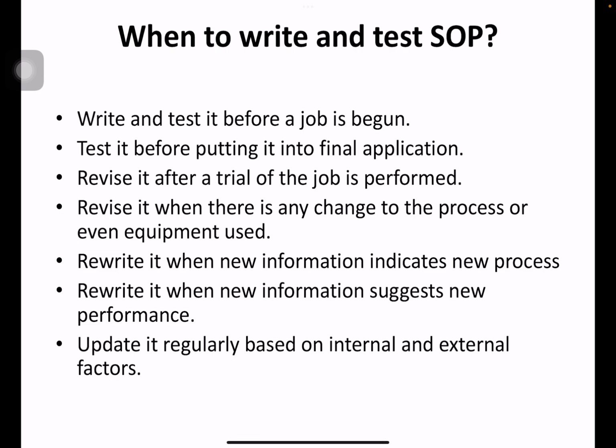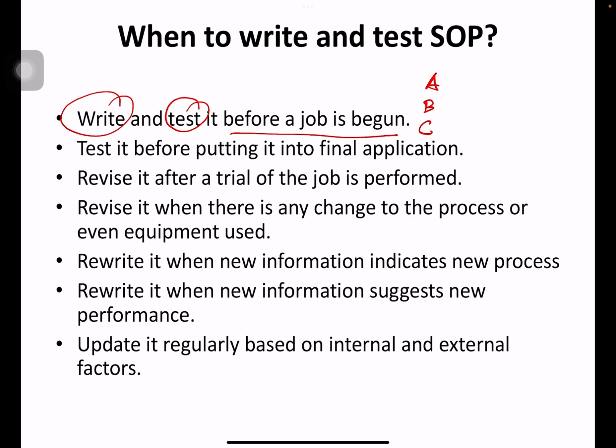So when to write and test an SOP? You need to write and test it before a job is begun. Before you start doing the work, you need to write and test whether it is correct or not. As I have told you earlier, maybe you are going to have 3 different methods, for example.